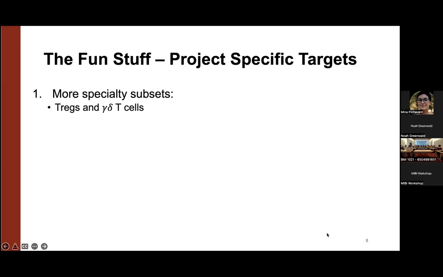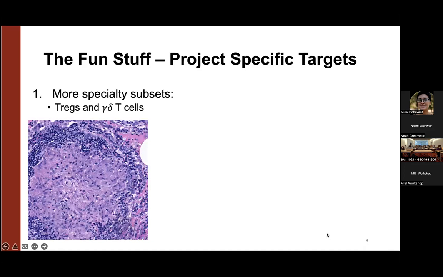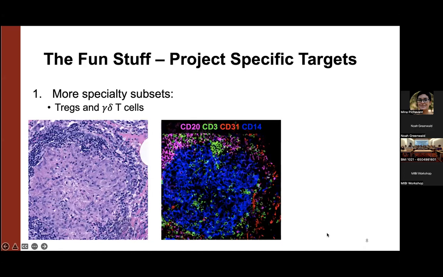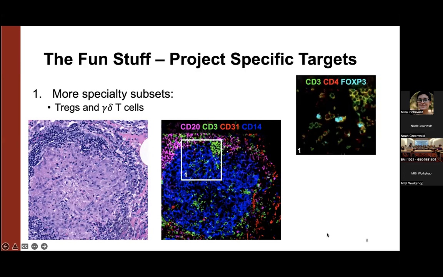And so these can include more specialty subsets. And in our tuberculosis project, we've included, for example, markers to indicate Tregs or gamma-delta T cells. And so here's an example granuloma from our study as an H&E. And then here's an example MIBI overlay denoting major lineage markers like CD20, CD3, CD31, and CD14 for myeloid cells.